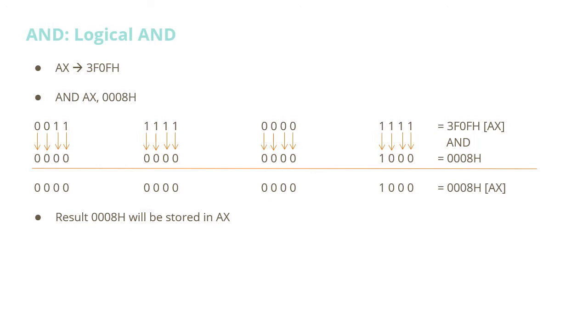As we can see, if we do a bitwise AND, this is what happens. Each bit in the source will have a bitwise AND performed with the corresponding bit in the destination, and the result we get here is 0008H itself, and this result will get stored in the AX register, which is the destination operand.